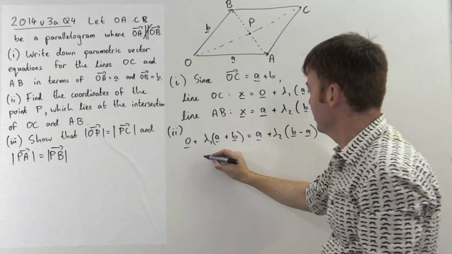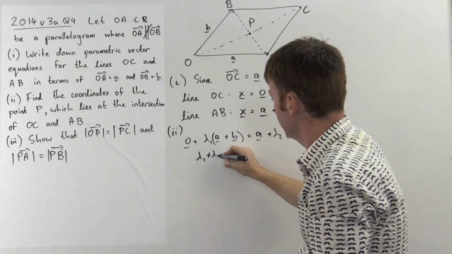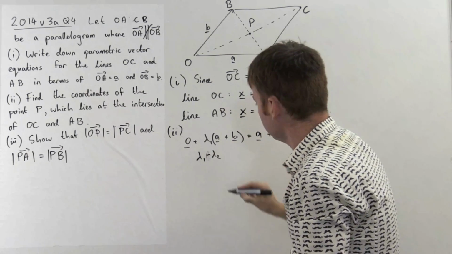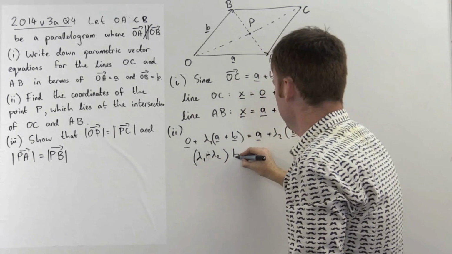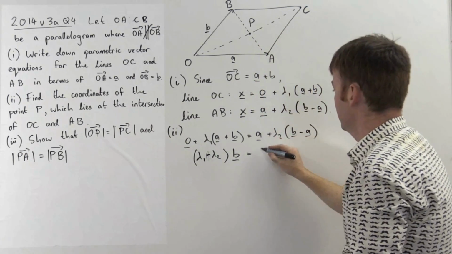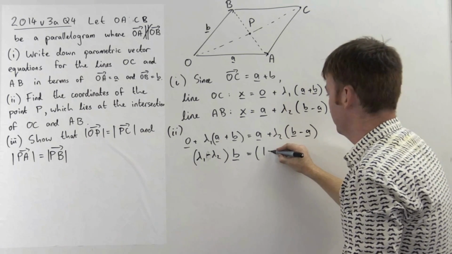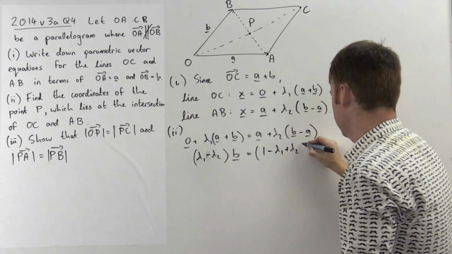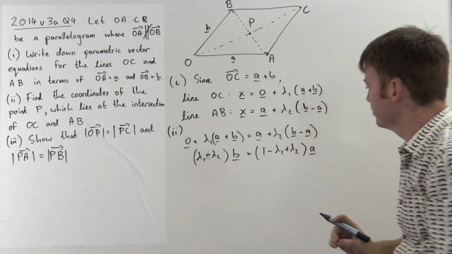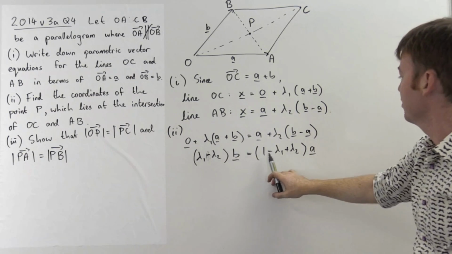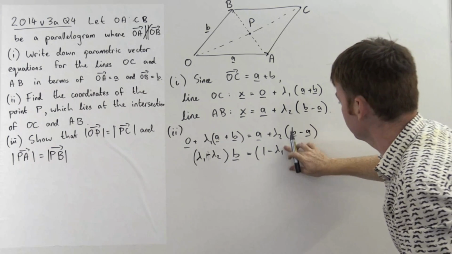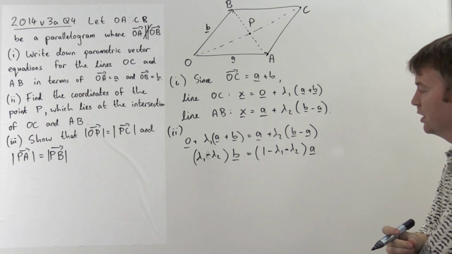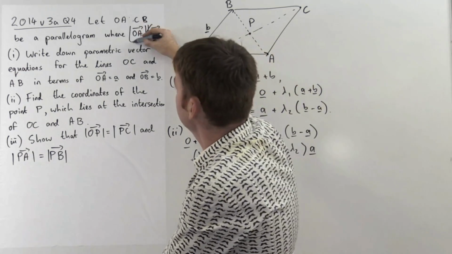So here's some B's: I've got lambda 1 minus lambda 2, times B, and that's supposed to be equal to 1 minus lambda 1 minus lambda 2, times A. And now I use the fact that A and B are not parallel.